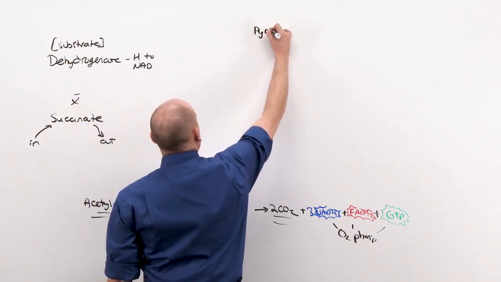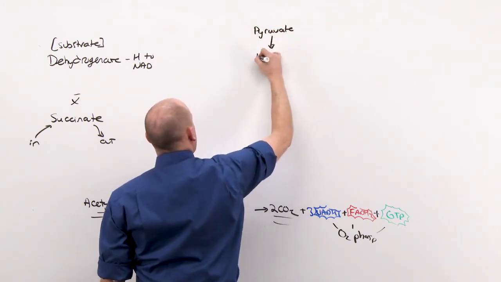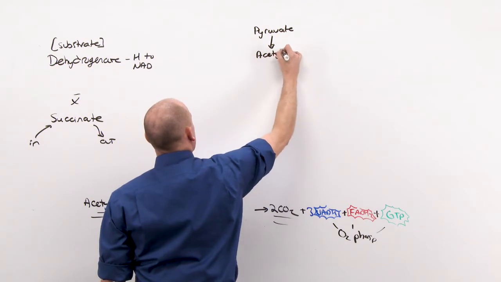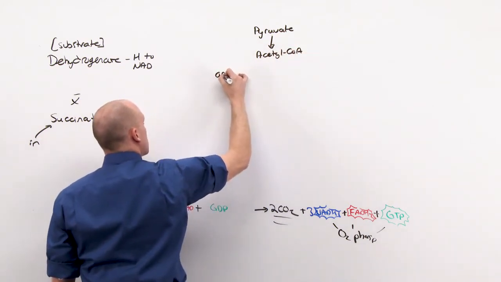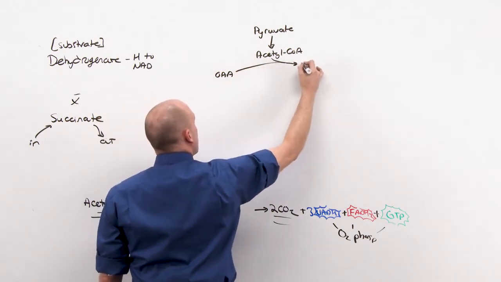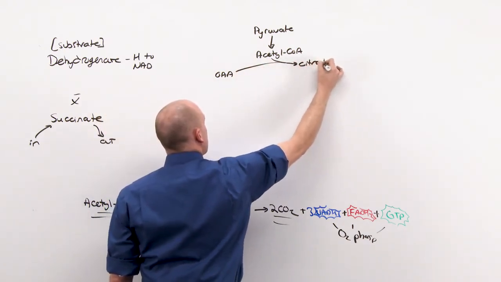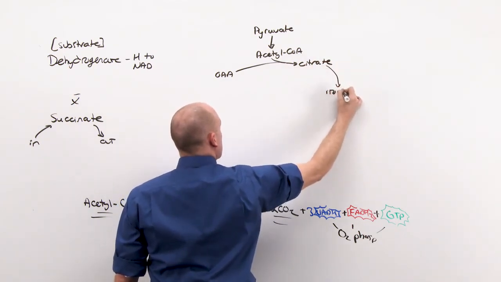Pyruvate came from glycolysis. Pyruvate dehydrogenase made acetyl-CoA. The beginning of the cycle is to take oxaloacetate, add it to acetyl-CoA, and make citrate. Citrate becomes isocitrate.